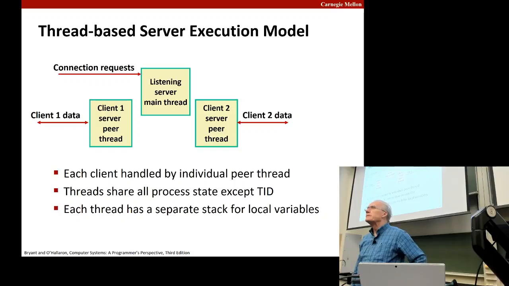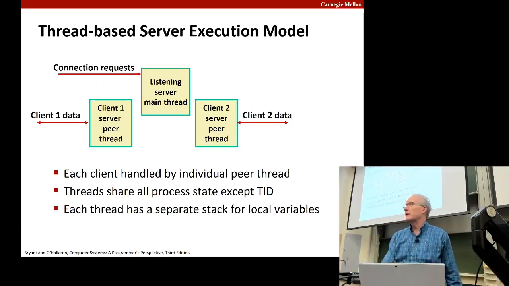Good? So it's the difference in processes. Sharing is possible, but hard. With threads, sharing is so easy that you can have a lot of bugs because things tromp on each other in ways you don't want them to. So which way do you want? It depends on the context. Good?